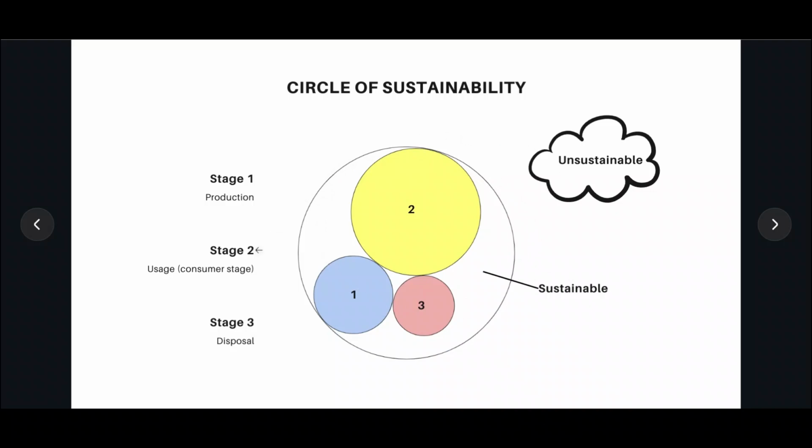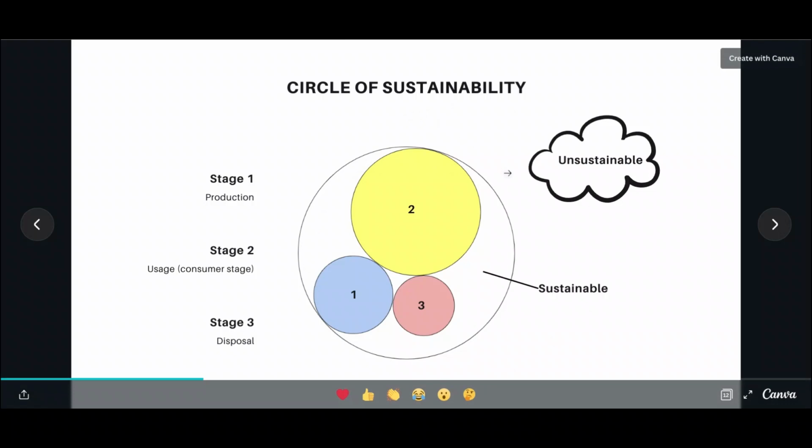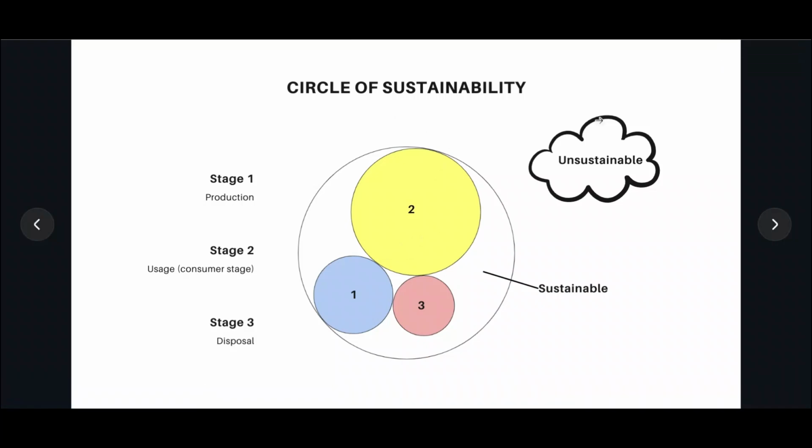So I call this larger circle the circle of sustainability, where everything inside the circle is considered sustainable, and everything outside the circle is considered unsustainable.